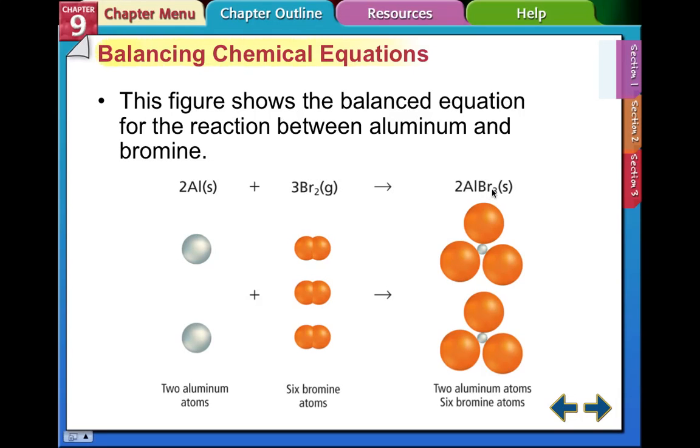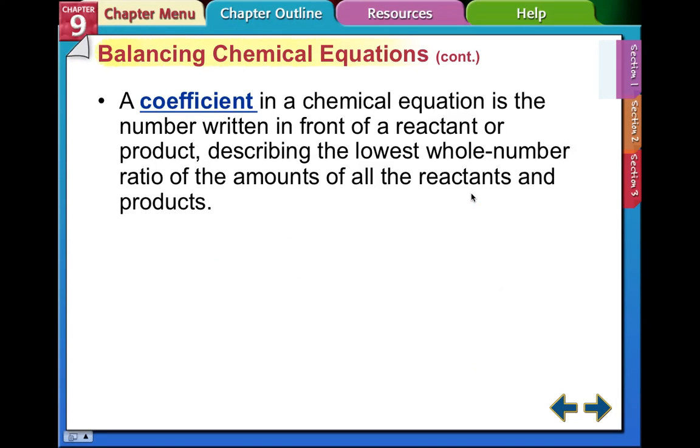That is balanced. However, we now have 2 aluminums, so we have to add a coefficient of 2 on the reactant side to make sure that is balanced too. So when you look at the entire equation, you have 2 aluminums plus 6 bromines yields 2 aluminums plus 6 bromines. The law of conservation of mass or matter.